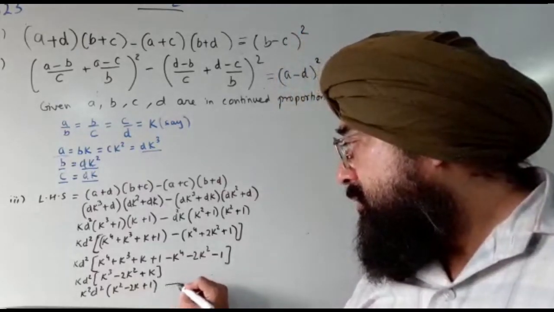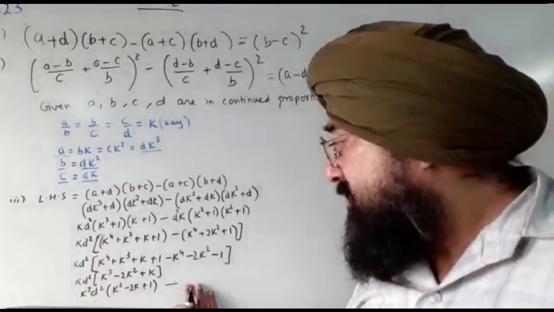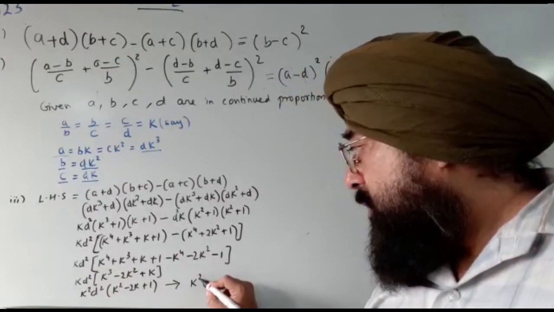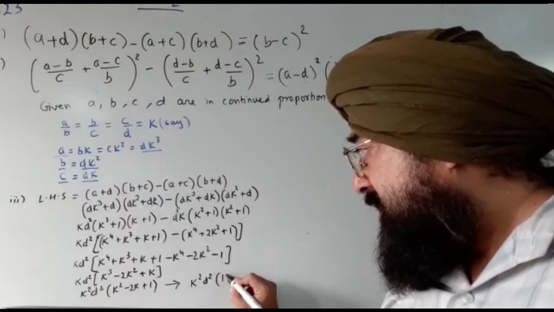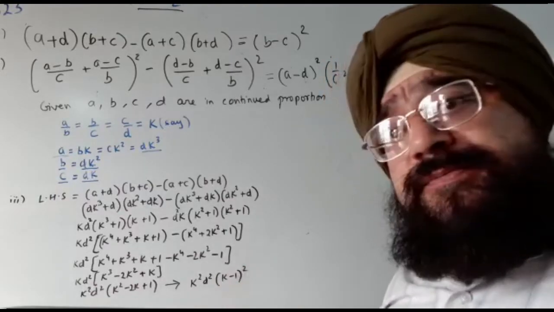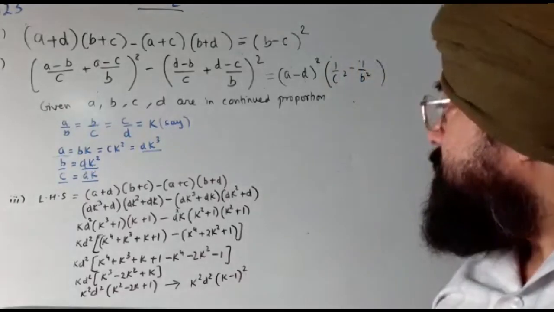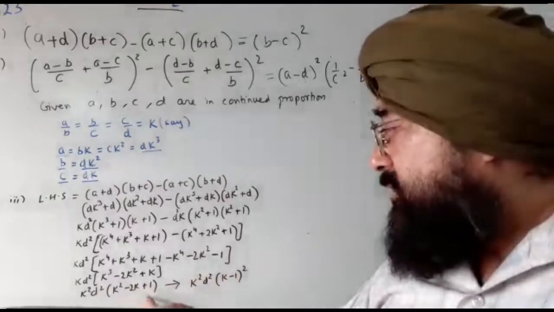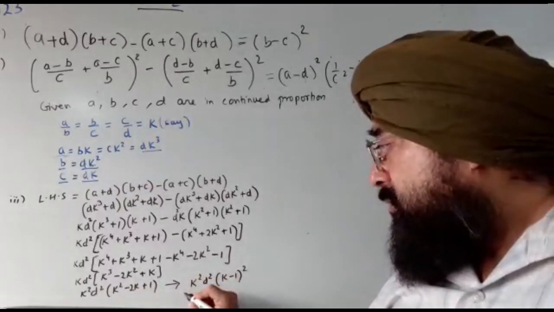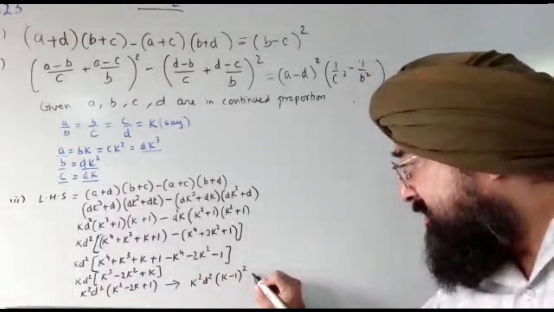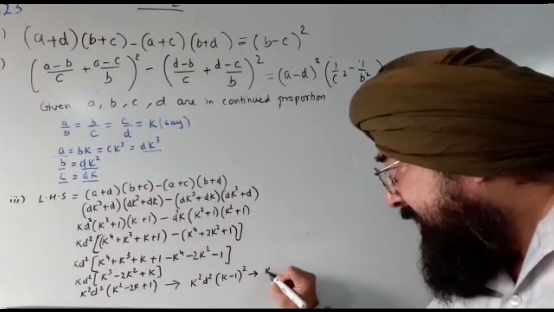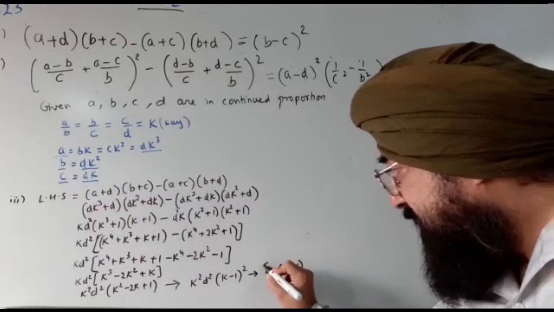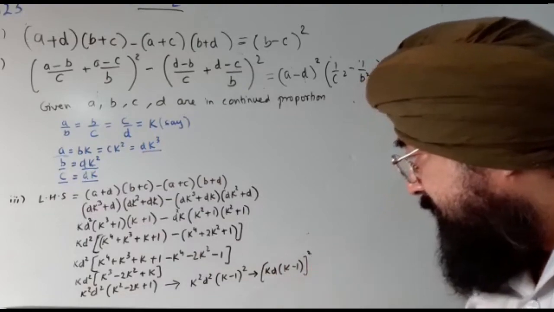I can also think this as K square D square and (K minus 1) whole square. K minus 1 whole square is K square minus 2K plus 1, and therefore I can also think this as (KD into (K minus 1)) whole square, isn't it?